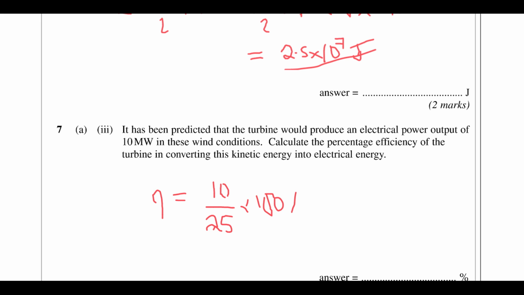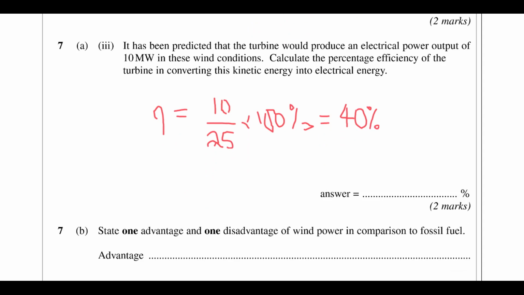We wanted percentage efficiency. So that's going to be a value of 40% efficient, which is okay. It's not great. Most gas power plants are in the 60s sort of percent, so it's not ideal, but solid.